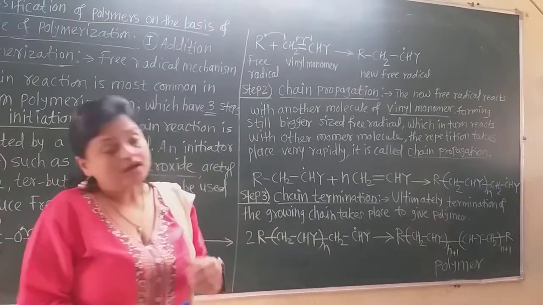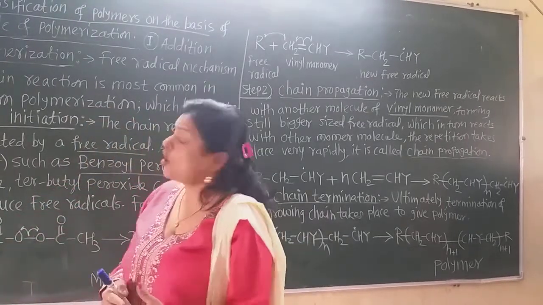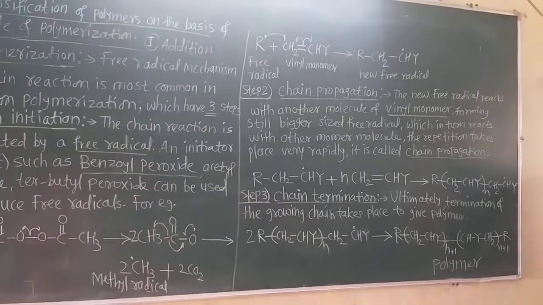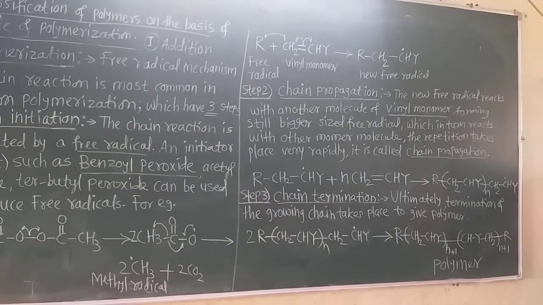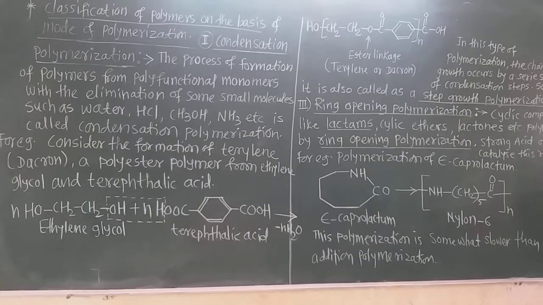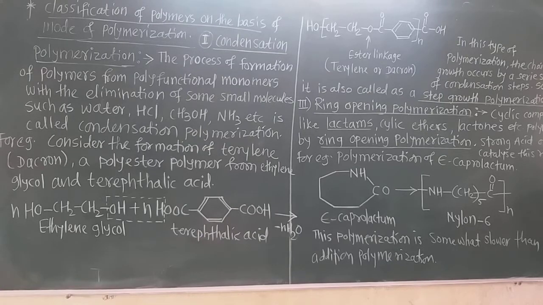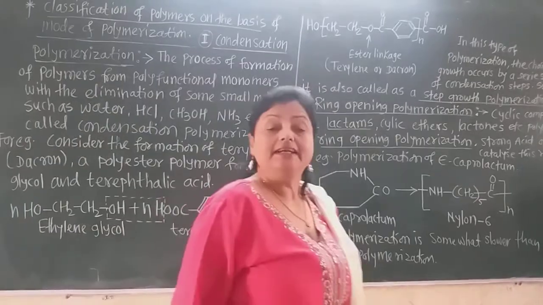Now let us see the other mode of polymerization. Now let us learn the second polymerization, that is condensation polymerization. We are learning the classification of polymers on the basis of mode of polymerization. This is the second mode, condensation polymerization. You are very well familiar with the condensation reaction.